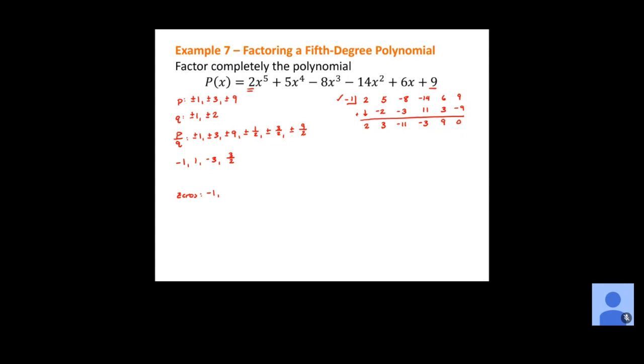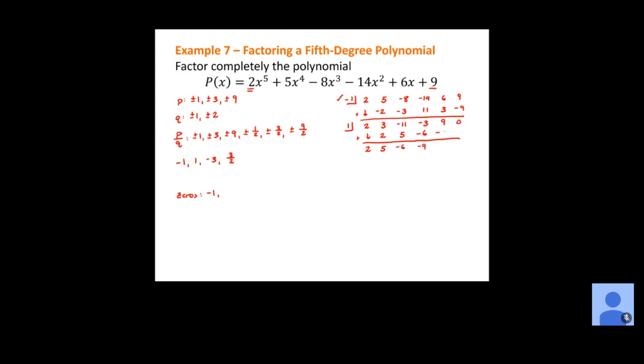All right, now remember, at that point, we can just continue on from that line. We don't have to go back to the original coefficients. So I'm going to test the +1 next. So I'm just going to put 1 over here. Bring down the 2. And we multiply. 2 times 1 is 2. 3 plus 2 is 5. 5 times 1 is 5. -11 plus 5 is -6. -6 times 1 is -6. -3 plus -6 is -9.